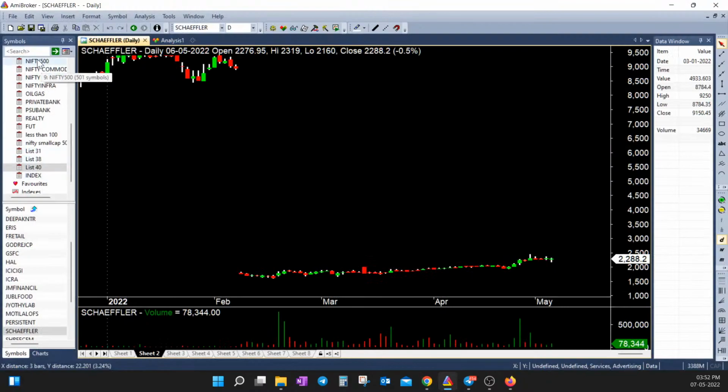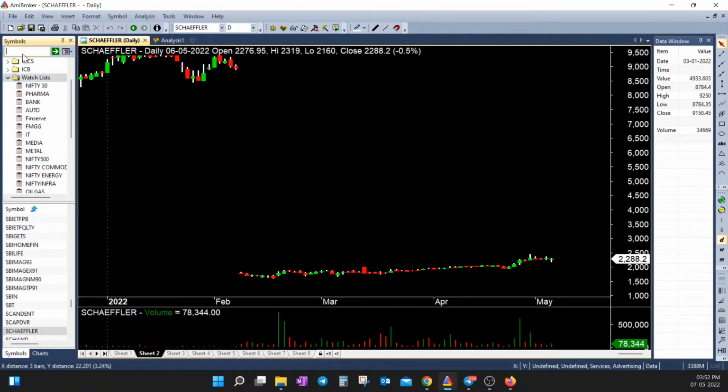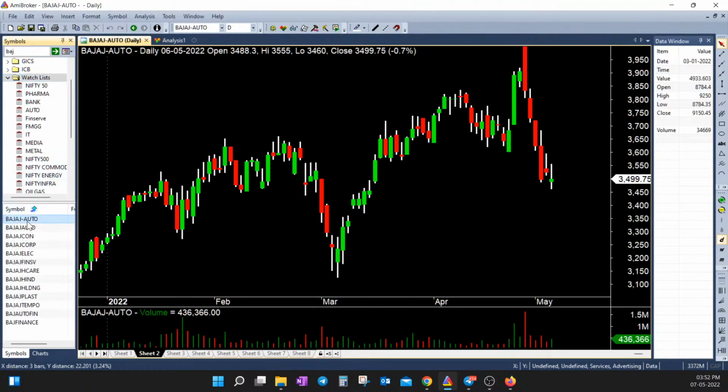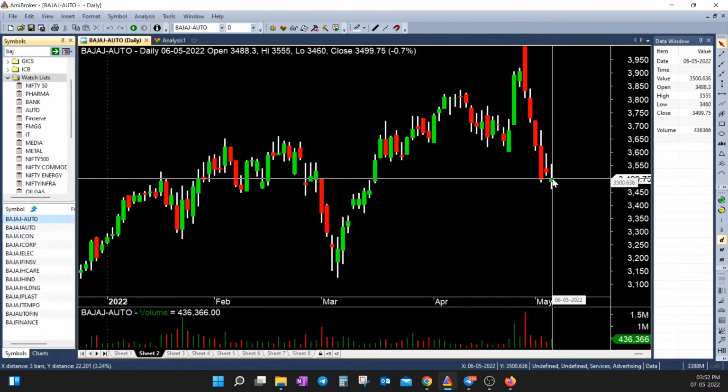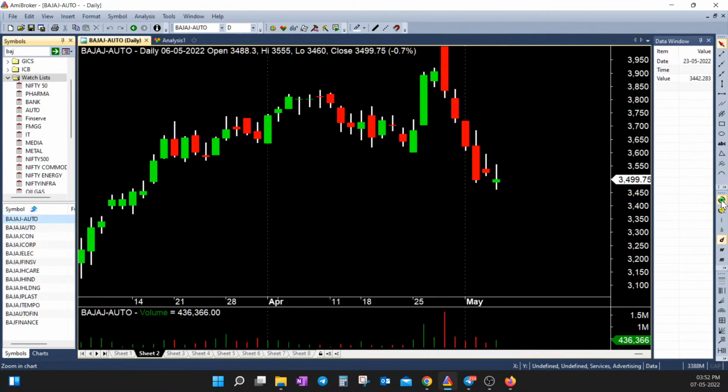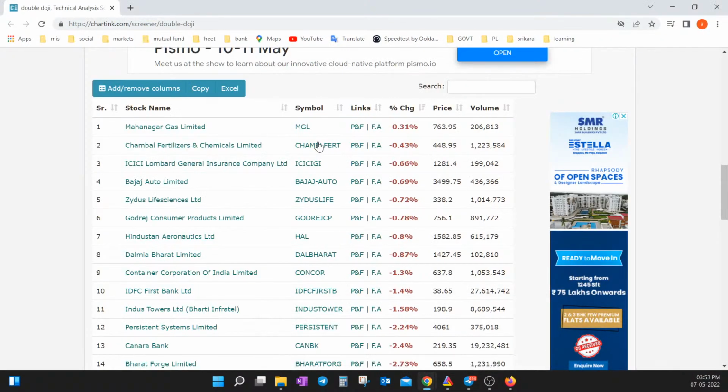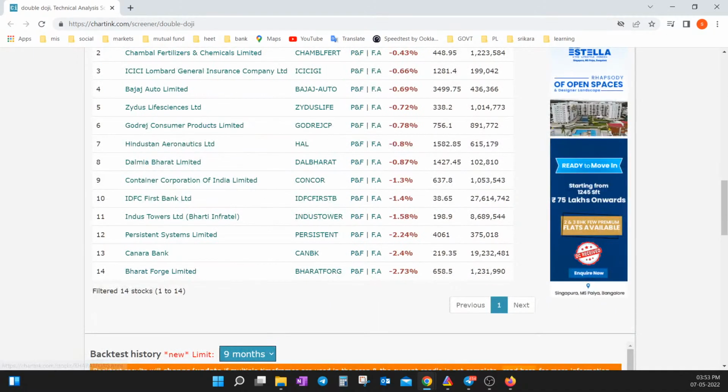Let me show you. Yeah, double doji. Can you see? So this is the previous day data for the next day. Post 3:30 or post 4 o'clock, please scan this, so you will get the next day's levels.